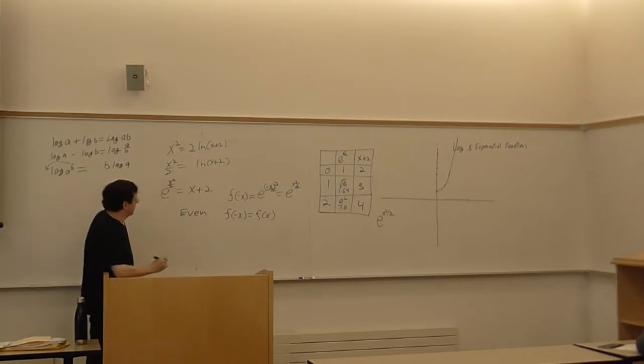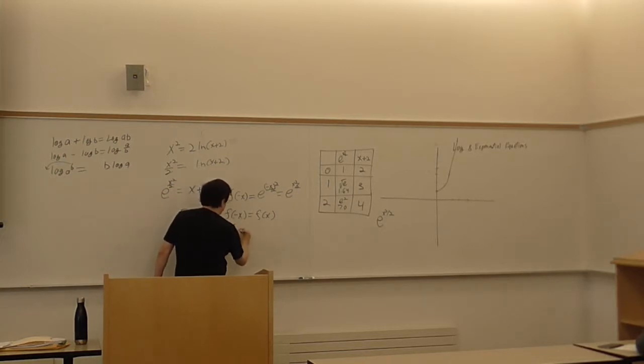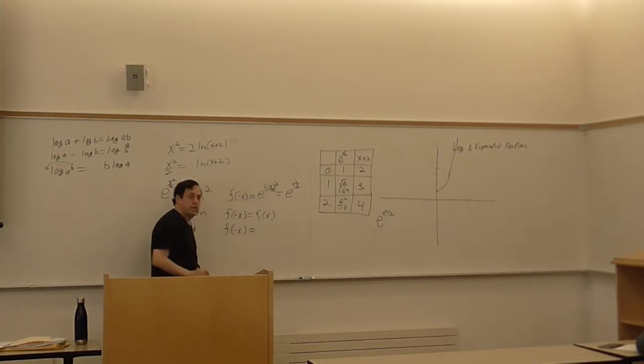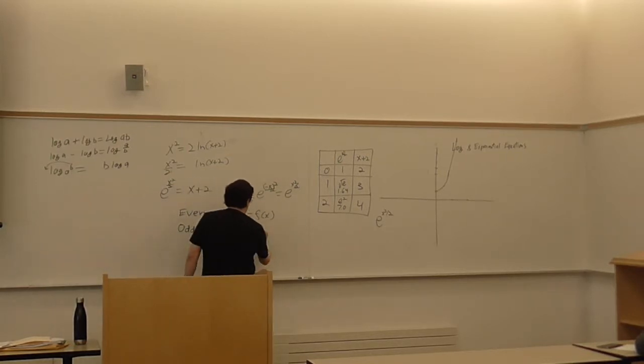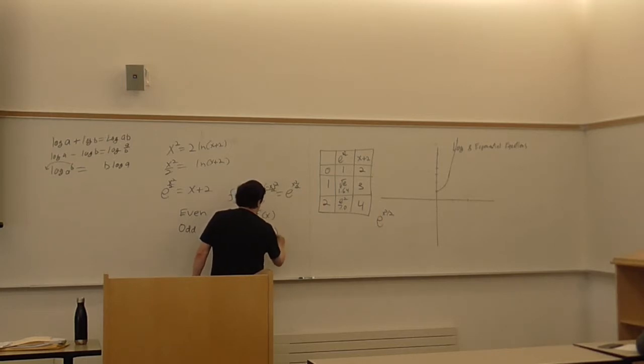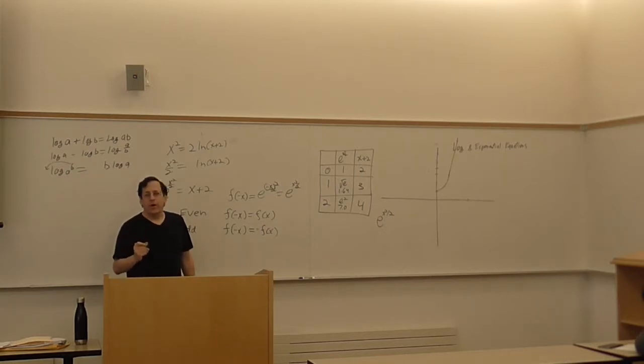Well, if there's an even function, there must be, what's an odd function? F of minus x equals what? Yes? Minus f of x. Minus f of x. Okay. All right, now here's the clincher. What do we know about all even functions when we graph them?